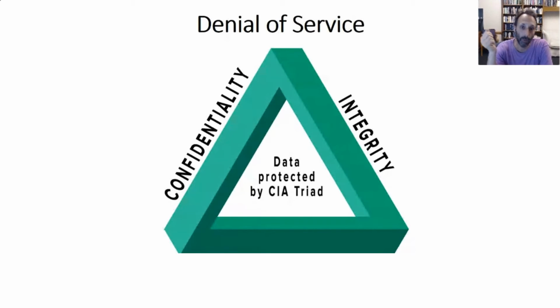So the first thing I want to say about denial of service is you don't need a computer to DoS, to deny somebody service. 9/11 was a huge denial of service. There's like an ISP by ground zero, and internet access got thrown off for a lot of people in Lower Manhattan.